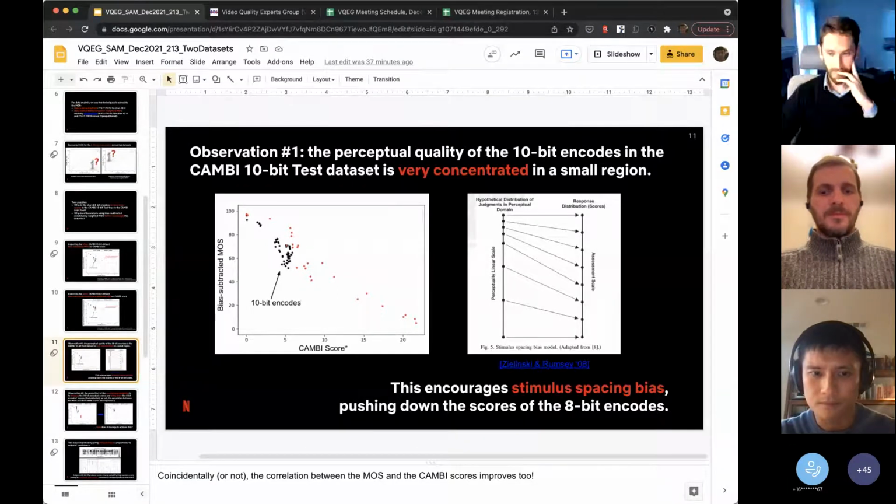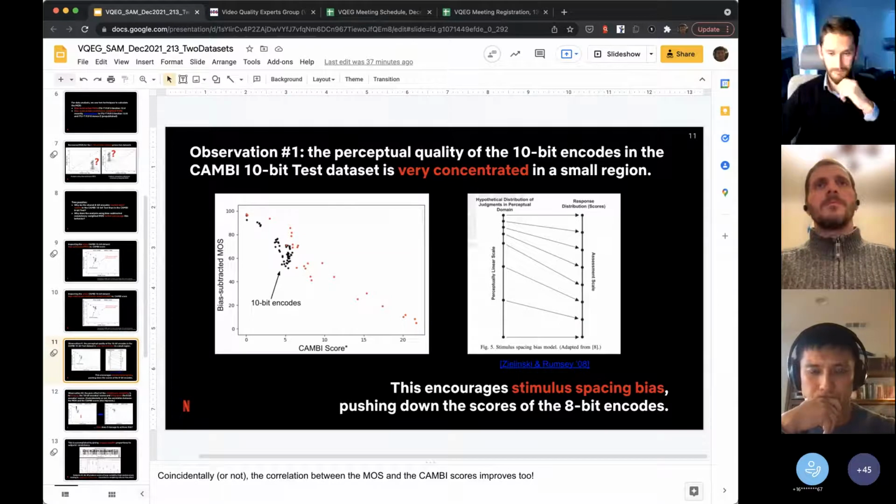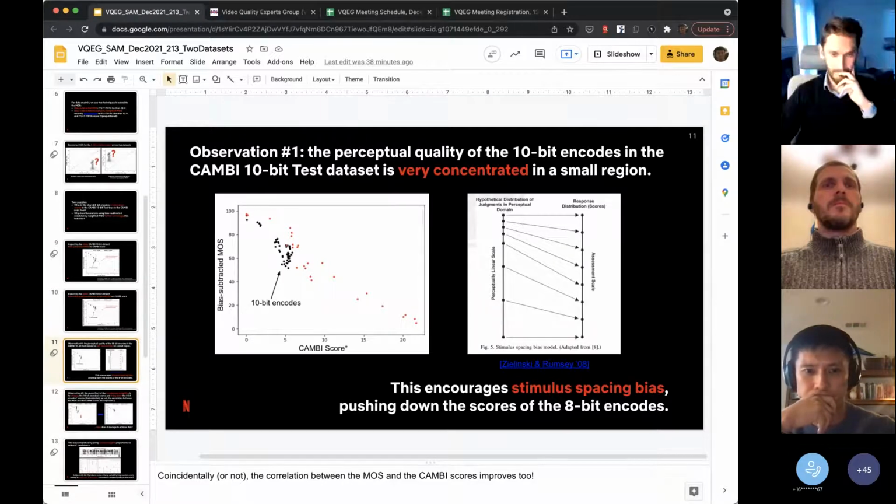I was wondering how the stimuli from the 8-bit encodes, the overlap set, were selected, because I guess that selecting some samples that are uniformly taken from the entire range, so taking some from the very low range of the Cambi score and some from the very high range, would lead to this plot, while maybe selecting some contents from the 8-bit encodes that are still on the higher end, so they would be only in a range that would be similar to the 10-bit encodes, then would stretch the scale, as you mentioned. And I wondered how you solved the thing, but I think you answered me.